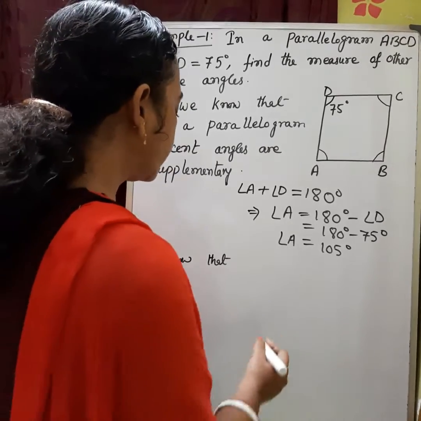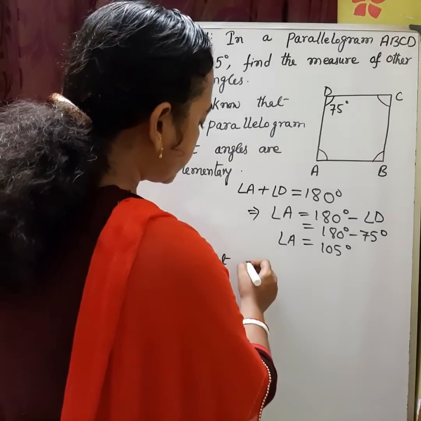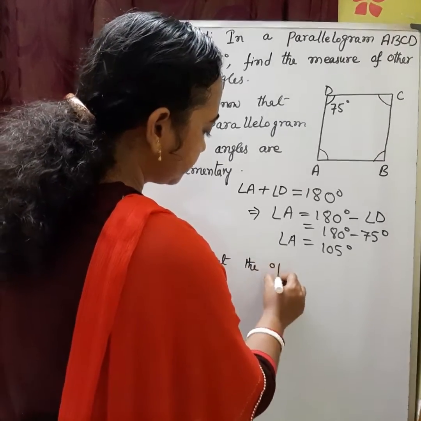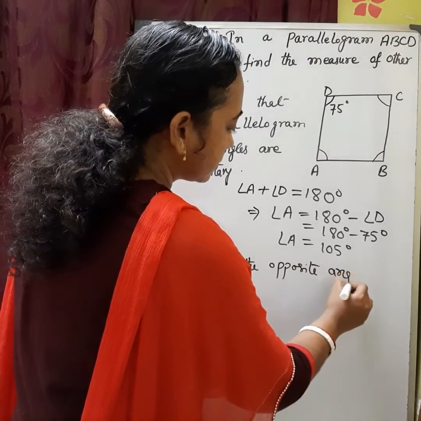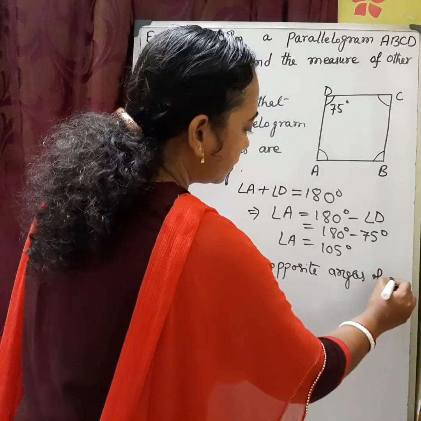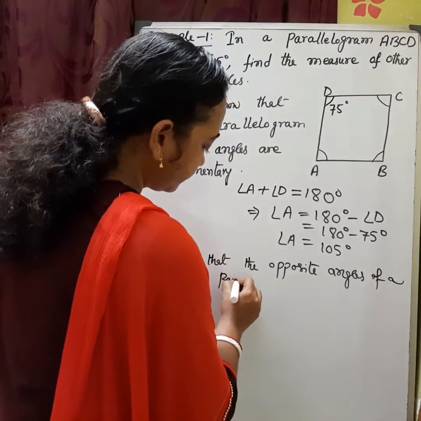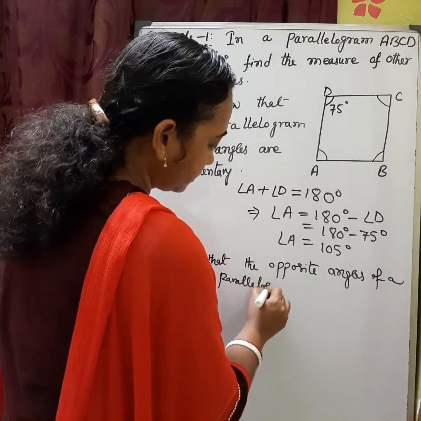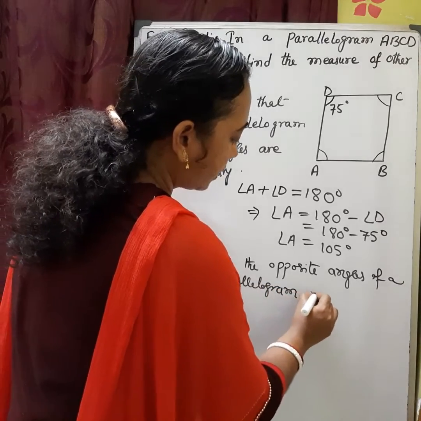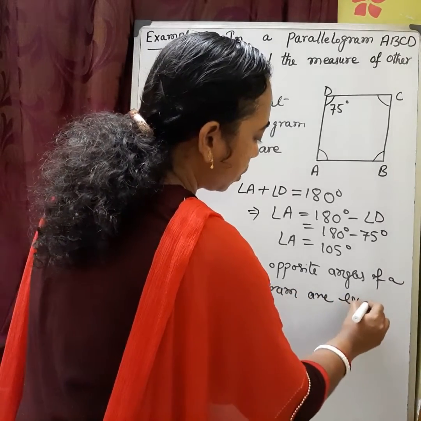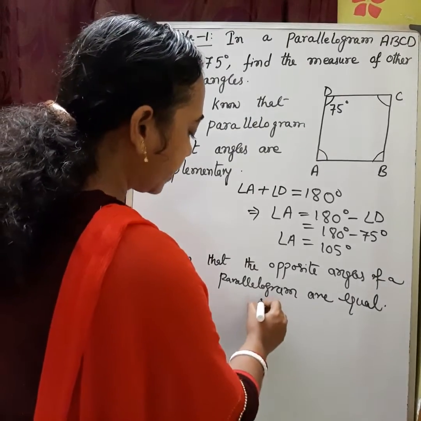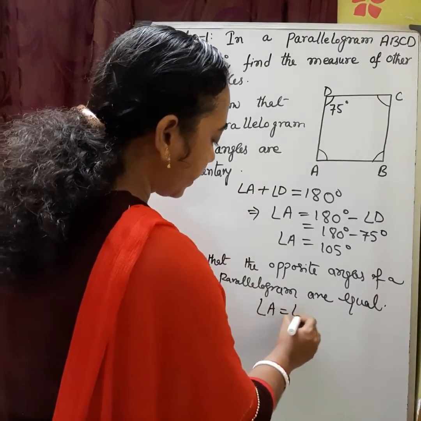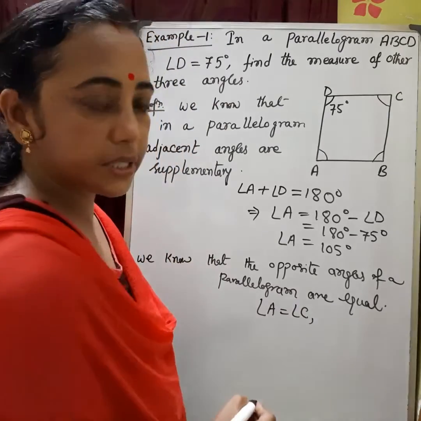Also we know that the opposite angles of a parallelogram are equal. So from the figure we can write angle A is equal to angle C. These two are opposite angles.